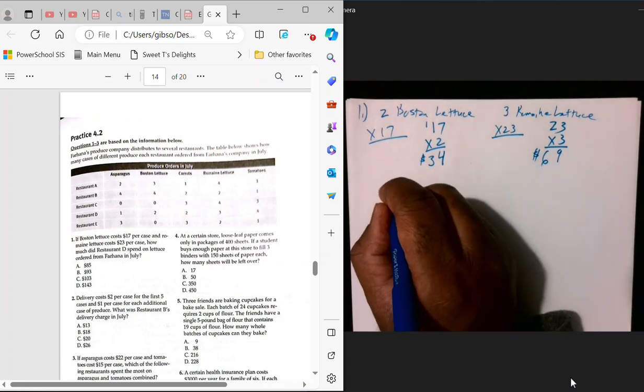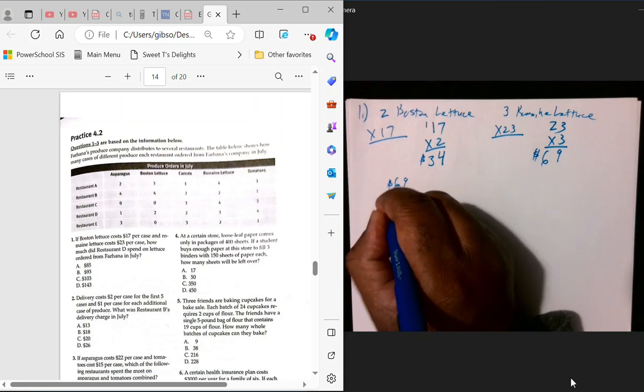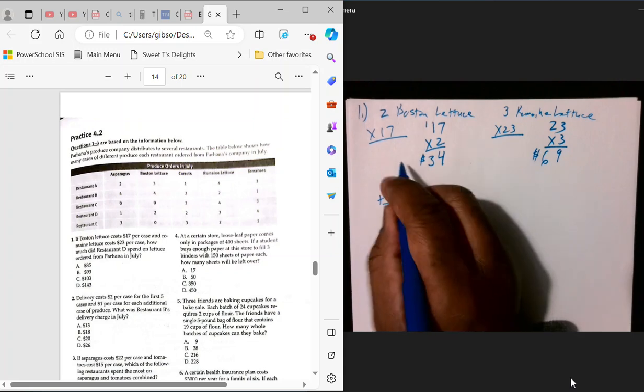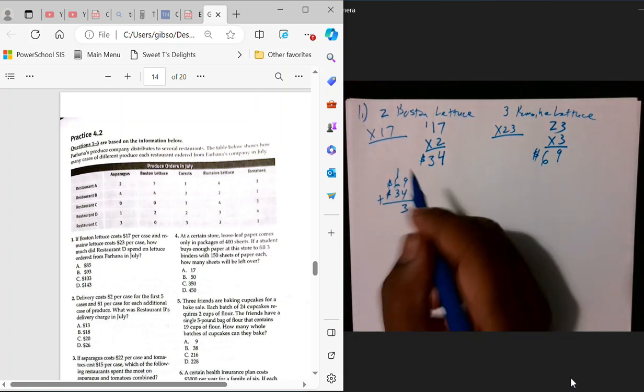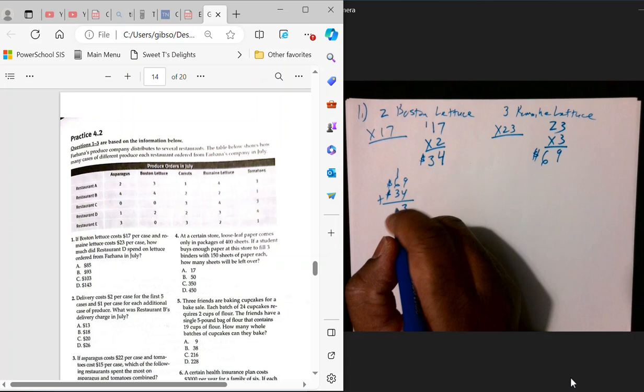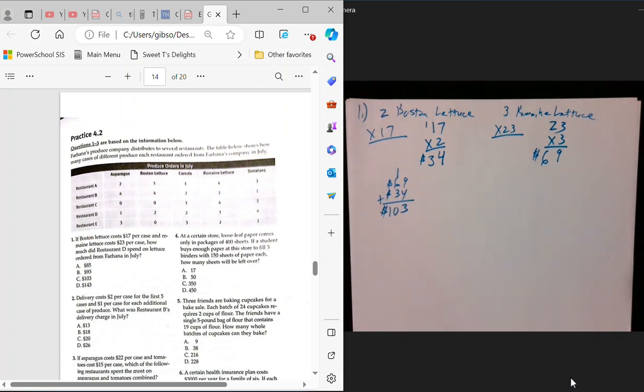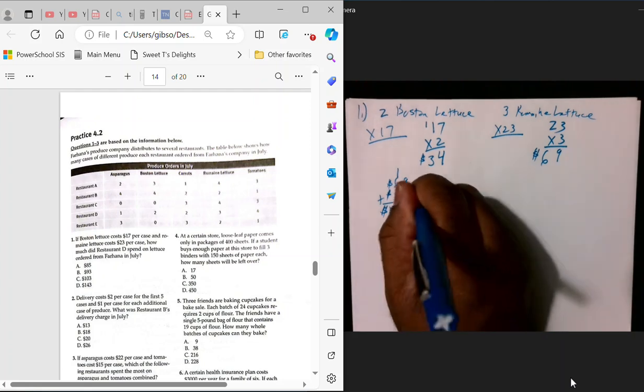We would take the $69 plus the $34. 9 plus 4 is 13. Carry our 1. 1 plus 6 is 7, plus 3 is 10. So it'll be $103. So that would be C.